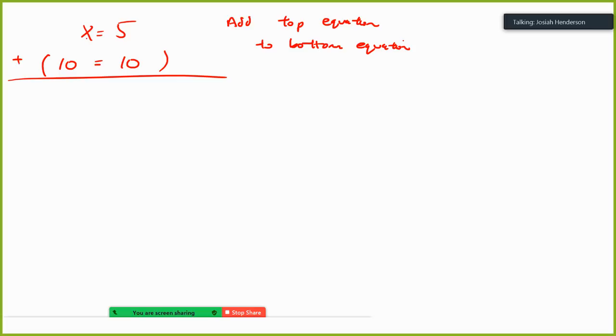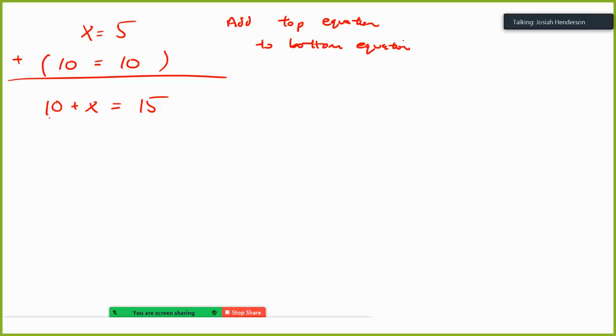We get 10 plus x, and we get 5 plus 10, and we get this new third equation. We've changed what it looks like, but we haven't done anything wrong or illegal math-wise because we've got two equations and we just added them together like a sandwich. And we combined like terms. Notice that.